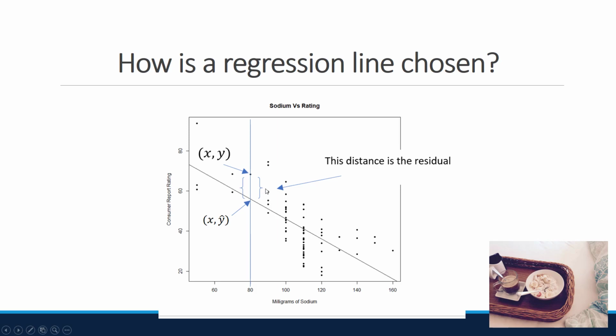So what your computer is doing when it finds the regression line for you is finding the line that, when drawn through the points, makes all of the possible residuals as small as they could be. Notice if we had moved this line up, we would have gotten closer to this point, but we also would have gotten further away from these.